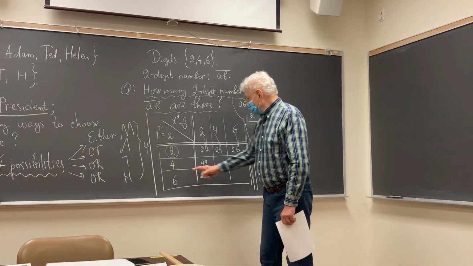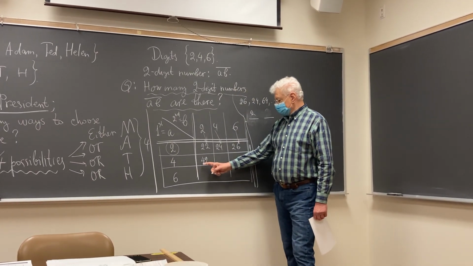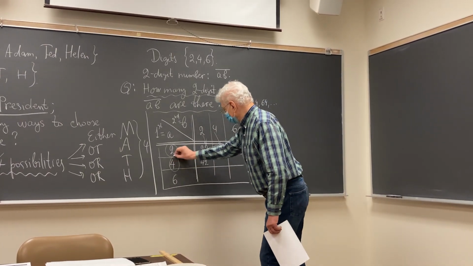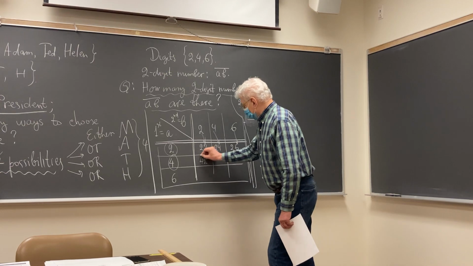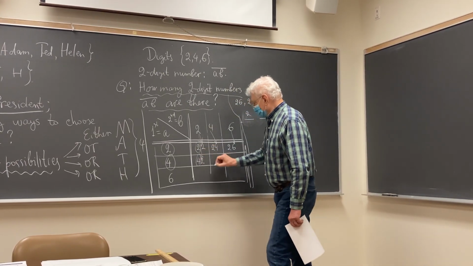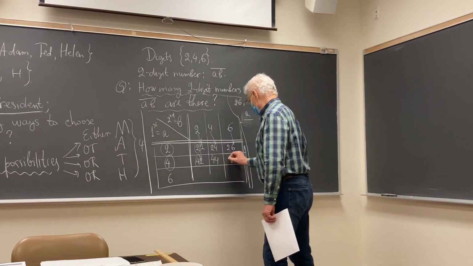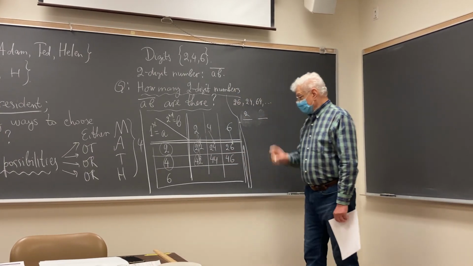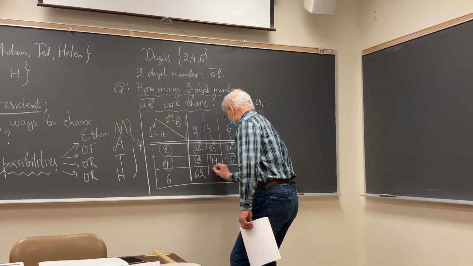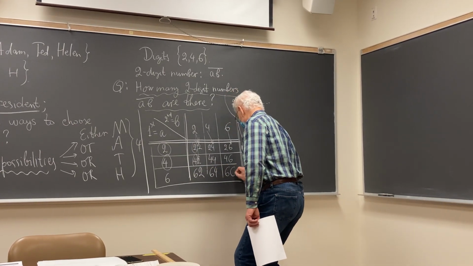Next we take 4 and we have the two-digit numbers 42, 44 and 46. And finally you have 62, 64 and 66.